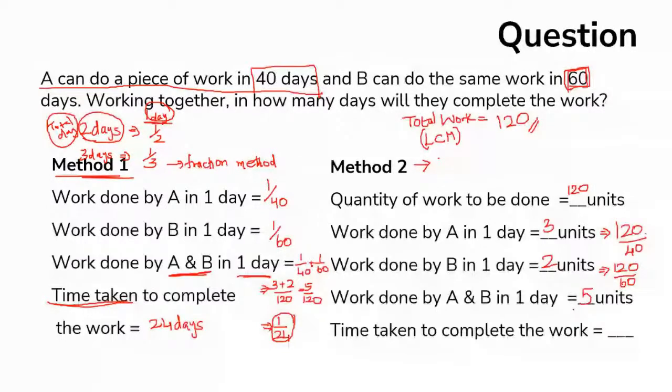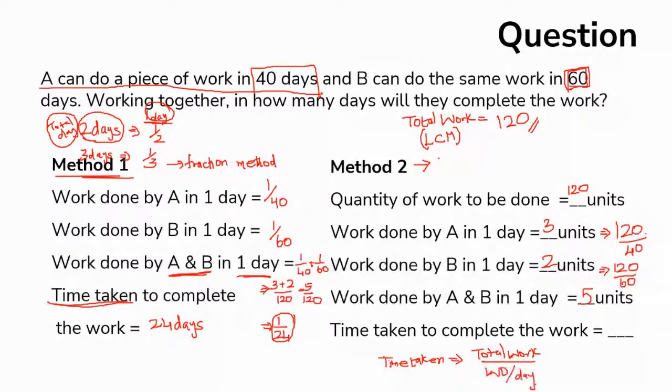And the time taken to complete. So be clear, guys. Whenever they ask for time taken to complete a work, time taken is always given by total work out of work done per day.